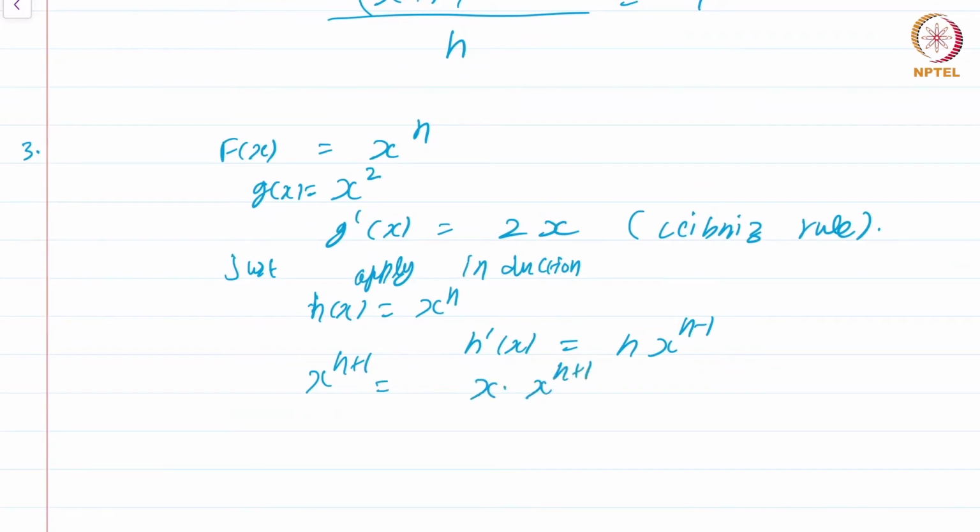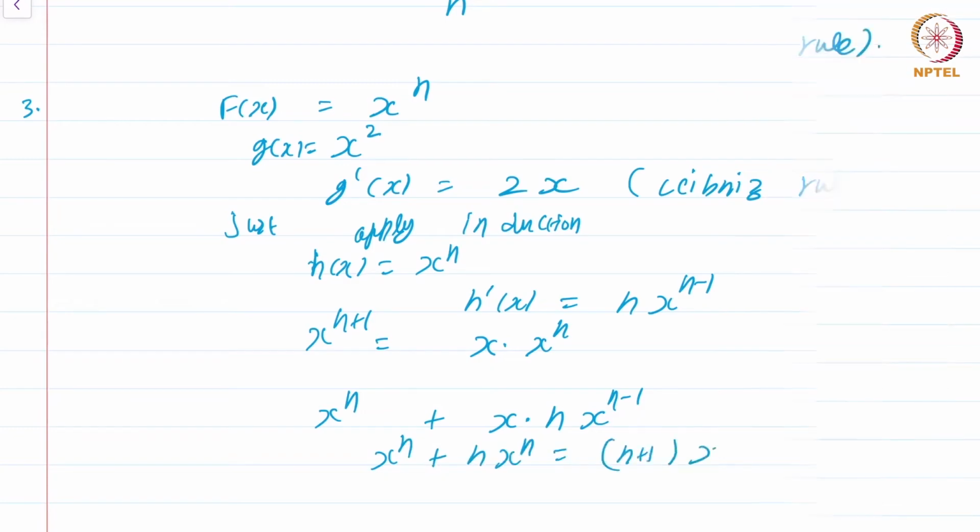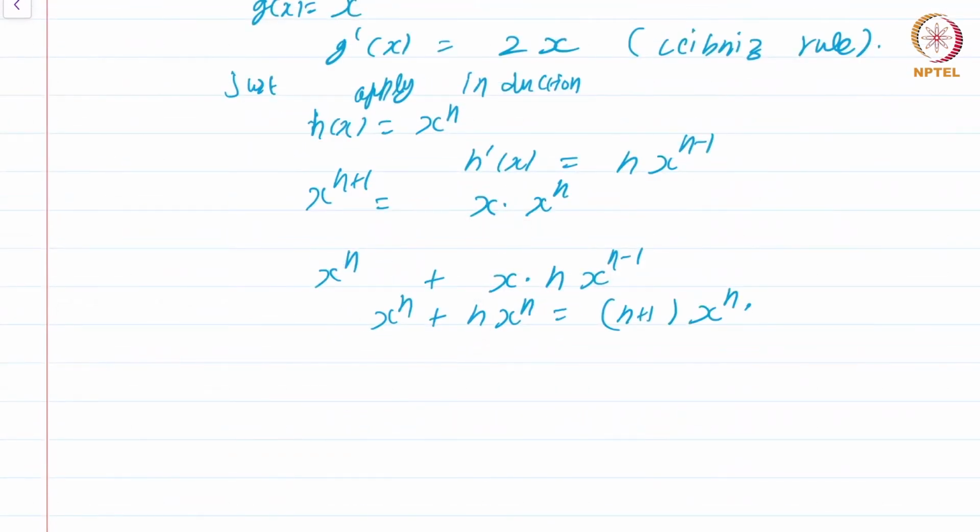Now when you take derivatives, you just get x power n plus x into n x power n minus 1, which will just give you x power n plus n x power n, which is n plus 1 times x power n, which is what you want. There is another way to do it by using an algebraic identity. I leave it to you in the exercises.